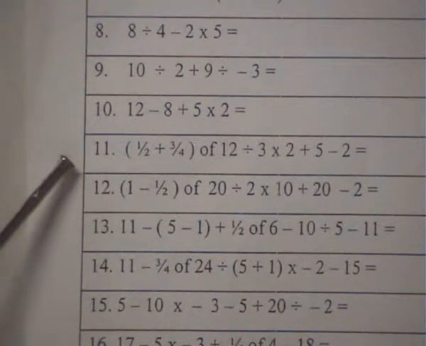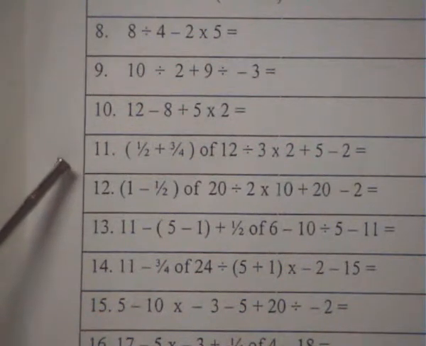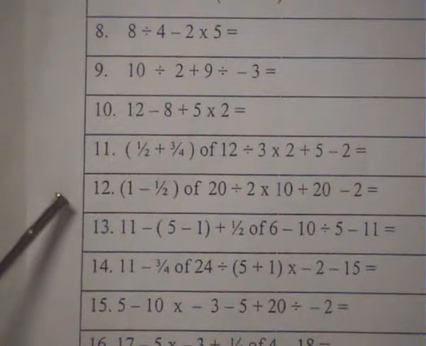Number 11, open bracket half plus 3/4 close bracket of 12 divided by 3 times 2 plus 5 minus 2. Number 12, in brackets 1 minus half of 20 divided by 2 times 10 plus 20 minus 2.